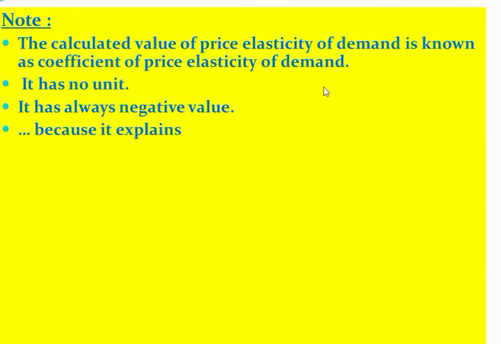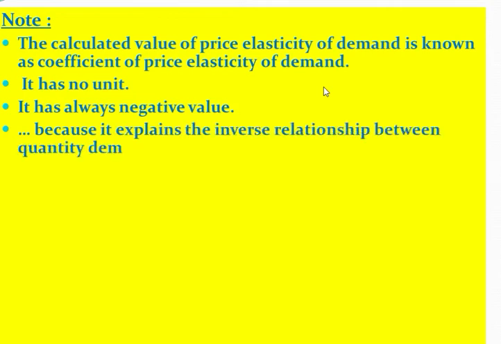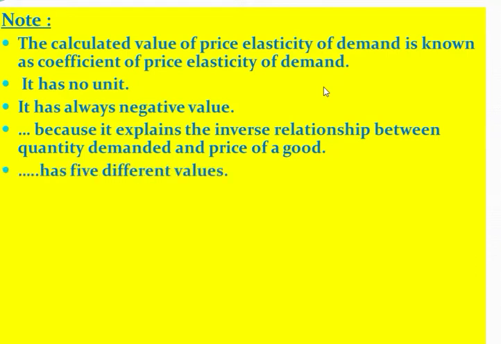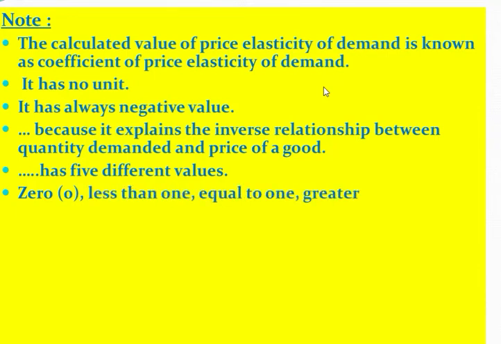It is because it explains the inverse relationship between quantity demanded and price of a good. It is a beauty of price elasticity of demand. It has 5 different values. They are 0, less than 1, equal to 1, greater than 1, and infinity.